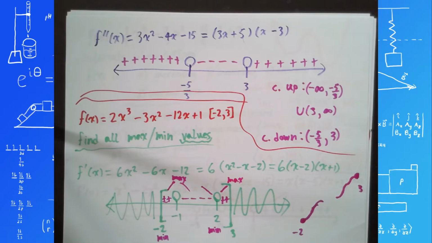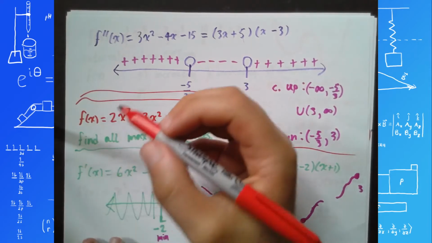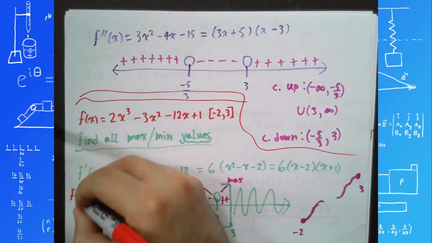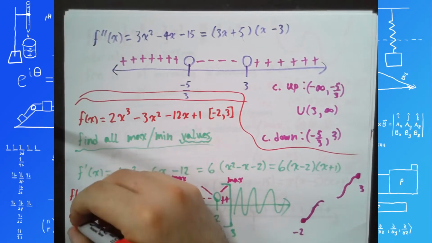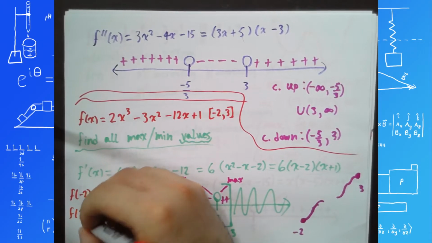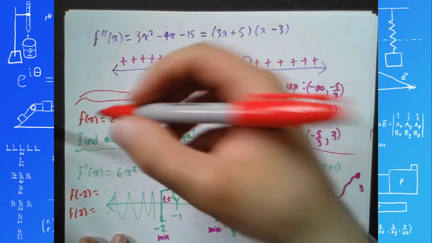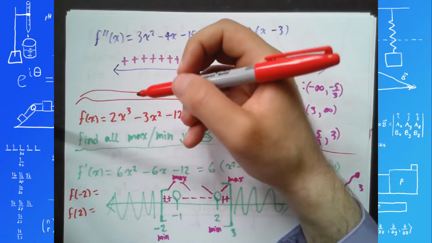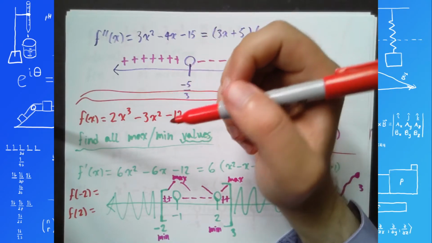So that would mean that you've got a maximum at the right endpoint. Okay, and determining which ones are local or absolutes, compare the minimums to each other, compare the maximums to each other. So compare f of negative 2 and f of 2. Can I even fit that in here? I'll try. F of negative 2 and f of 2. What are they equal to? Let's see, negative 2 cubed is negative 8 times 2 is negative 16.